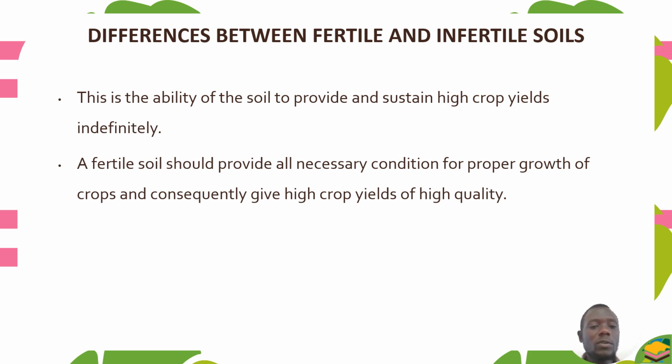A fertile soil should provide all the necessary conditions required for the growth of crops, so that the crop yields are high. That's when we say this soil is fertile.